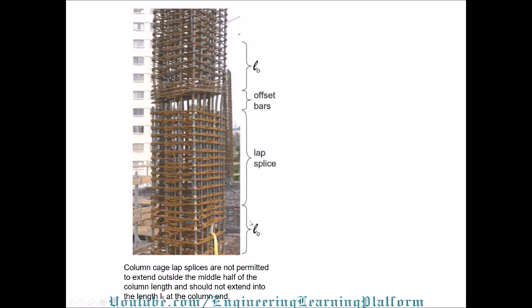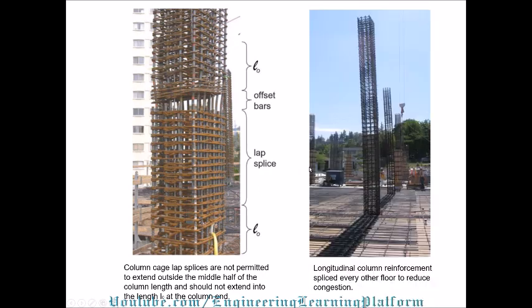So L0 is this distance, and lap splices are provided here, and the hoop spacing is adjusted according to the design. And similarly for this column, longitudinal column reinforcement is spliced every other floor to reduce the congestion.